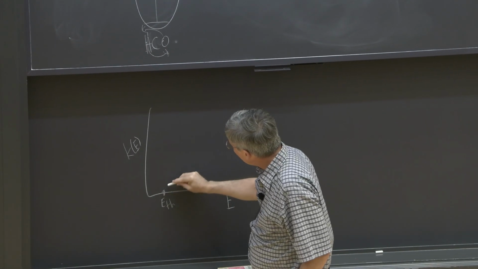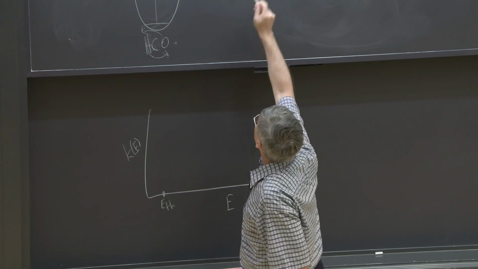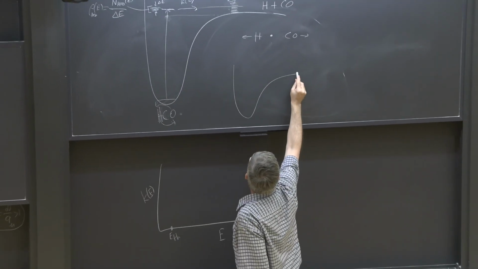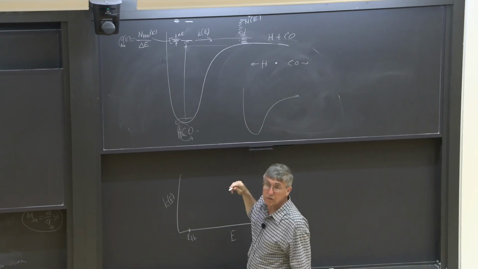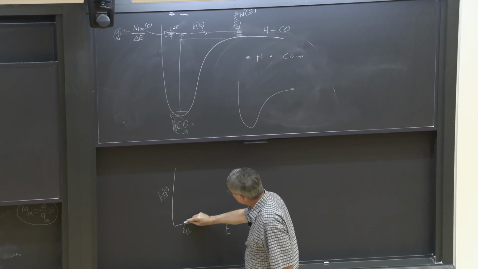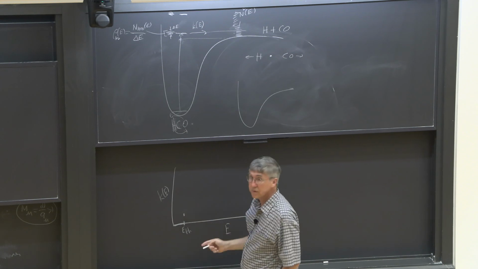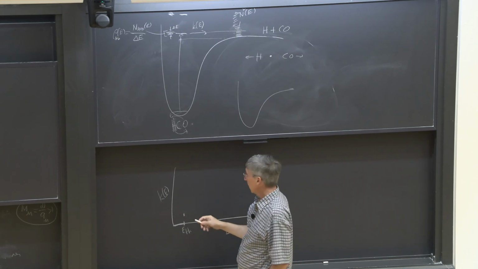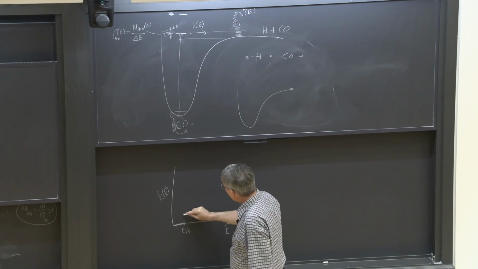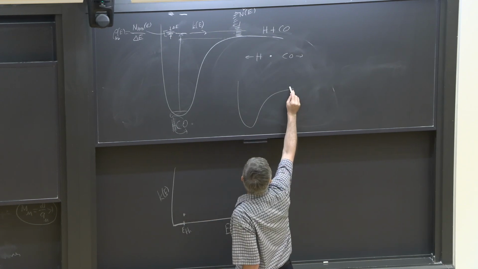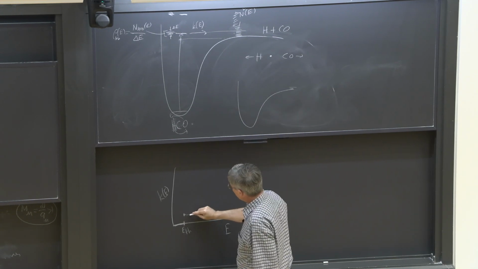And then it should go up. Initially, right at the threshold, there'll just be one quantum state, the lowest one. So I'll have no rate, and then boom, I'll have the rate that corresponds to n equals 1. And then as I go up, every time I get enough energy to get another quantum state, I'll have another step.